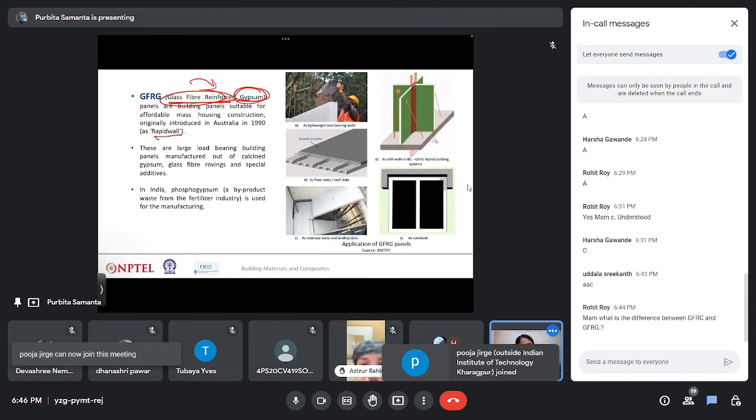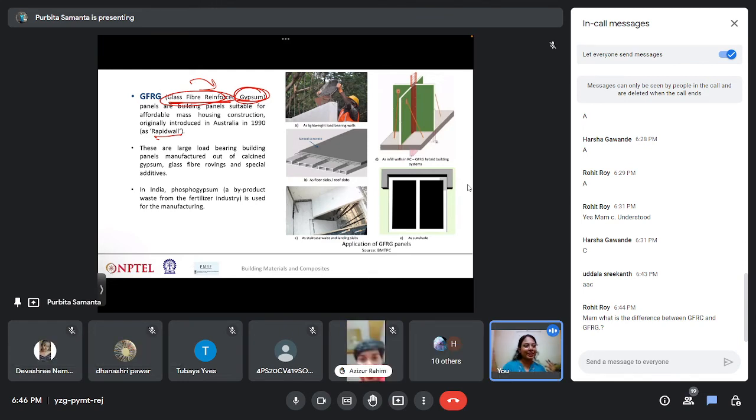When you're building mass housing, you have to think of something that lets you make buildings at a faster rate, and at the same time is durable enough so that people come and stay. Otherwise they wouldn't like to come.